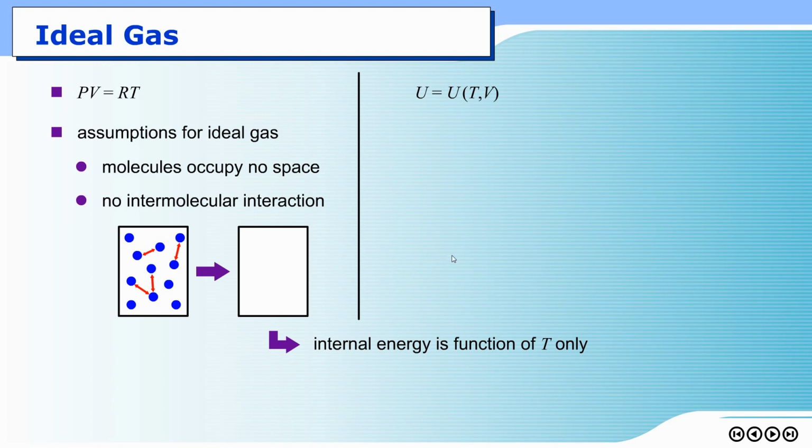If we recall from lecture 3 or lecture 2a, for one component gas, one phase, one component, degree of freedom is 2. So if I want to express internal energy as a function of two variables, those two variables are usually temperature and volume.